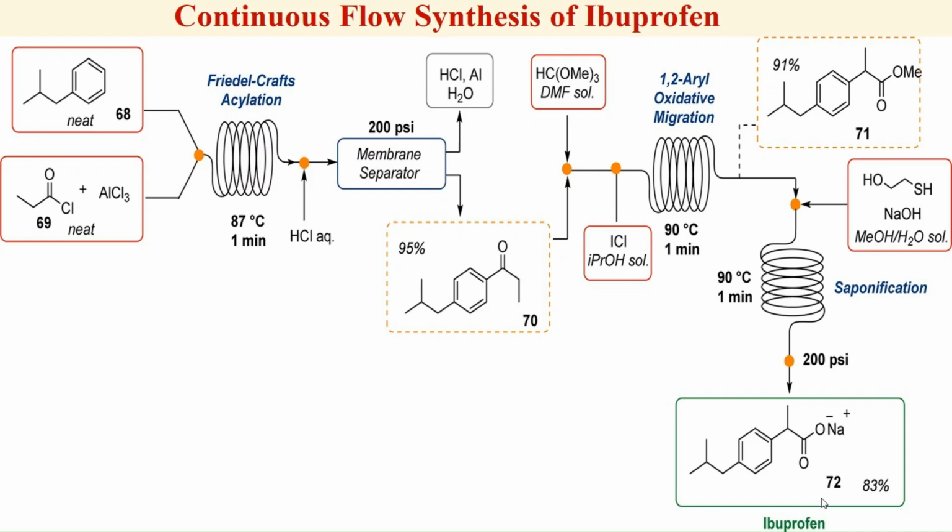Here is the synthetic method using continuous flow system, given and explained. The isobutyl benzene was treated with propionyl chloride in the presence of Lewis acid catalyst.